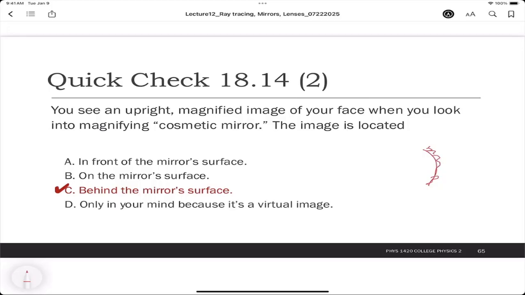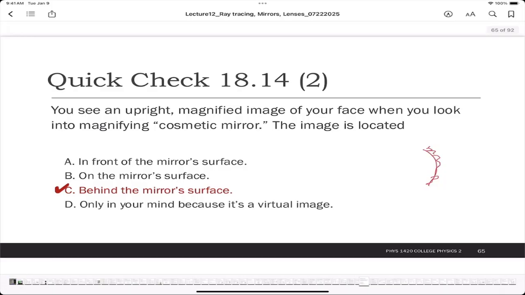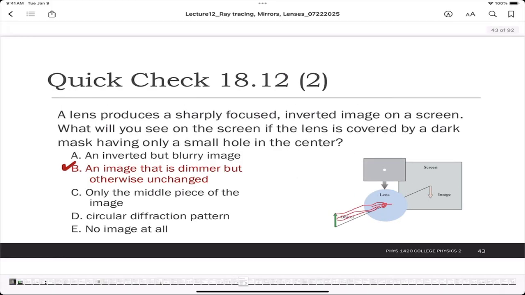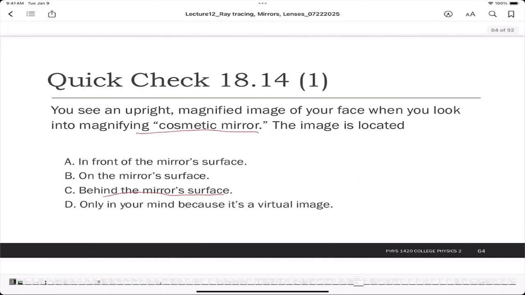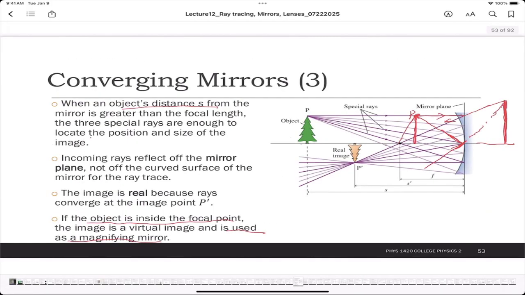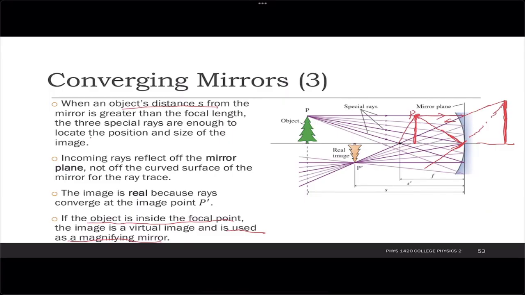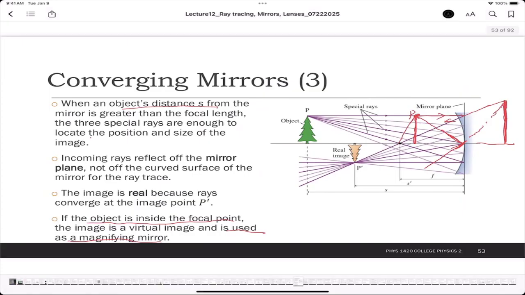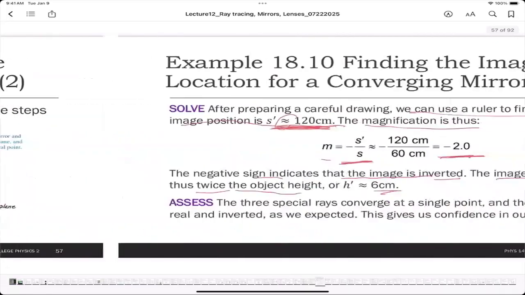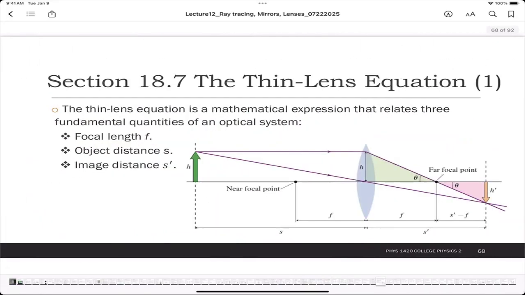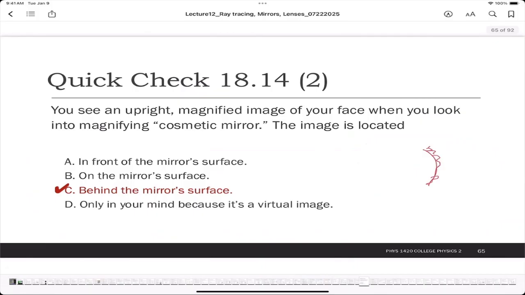If the object, your face, is close to the mirror, closer than the focal point, as I just analyzed here, it will have a virtual image here, but it is bigger than the original one, which means it is behind the mirror surface. Does it make sense to you?